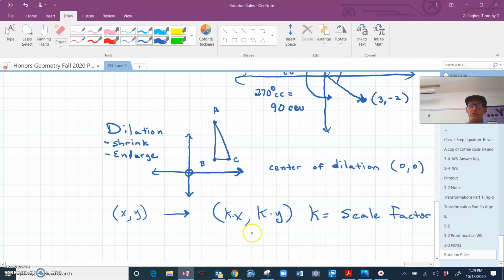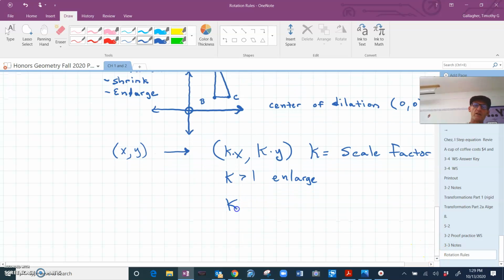And you can see it from the slide before, if k is bigger than 1, it's an enlargement. And if k is smaller than 1, but greater than 0, it is a shrinking. Shrink factor.